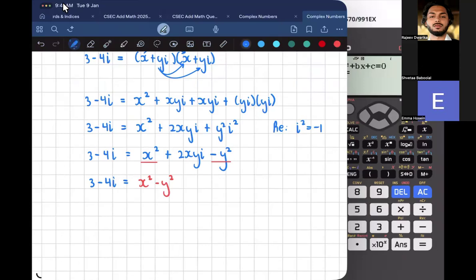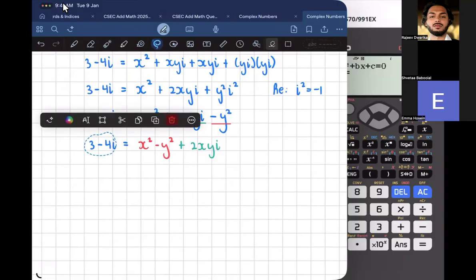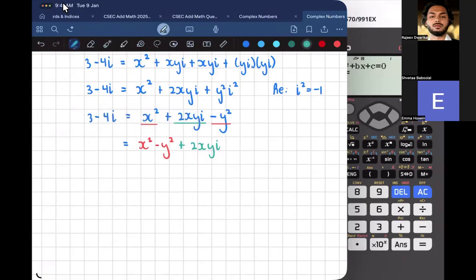And I would write back plus 2xyi. Lovely. Let me color code this. Shweta, if I start to lose it, tell me.